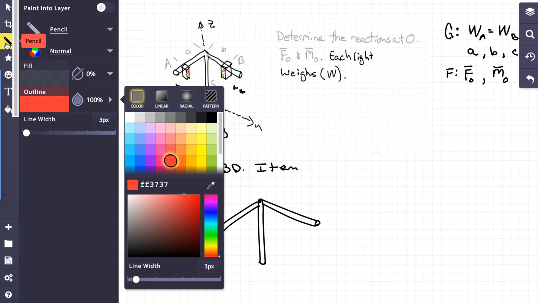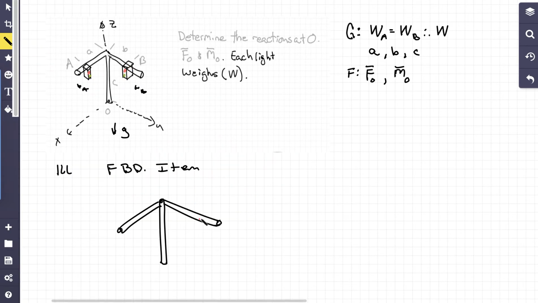We have two applied loads, one on this side, and we're going to make that vertical. That will give a weight. Just call it W, or we can call it WB, because this is point B. And this is A, and we have a WA here. If you notice, the weight is the same, but we're only saying that it's W.